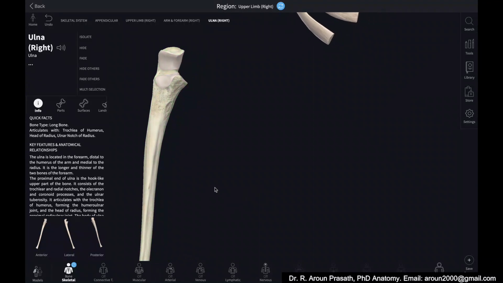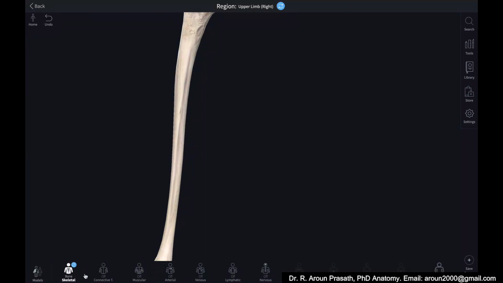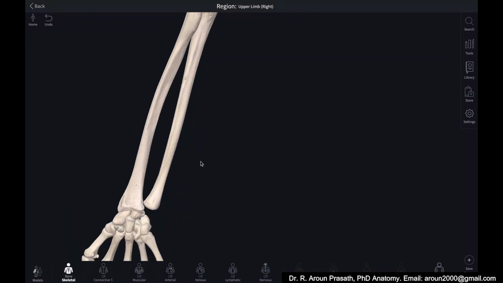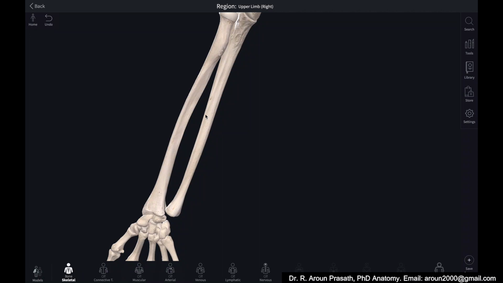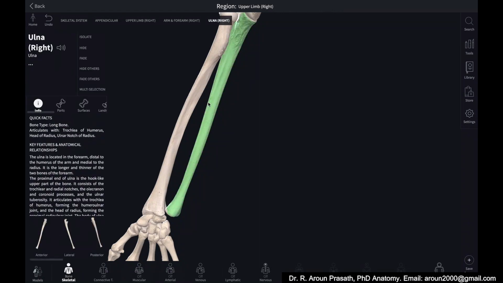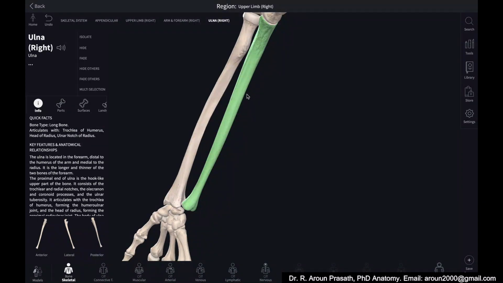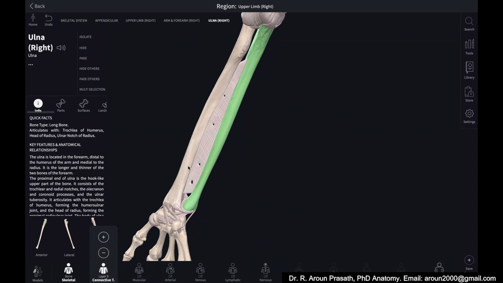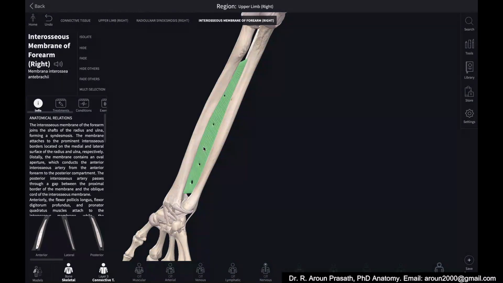Coming to the shaft of the ulna, you have to see, this is the lateral border. It's a very sharp border, and this is the medial border. Why is this lateral border sharp? This lateral border is called the interosseous border, because in between these two bones there is a membrane called the interosseous membrane.